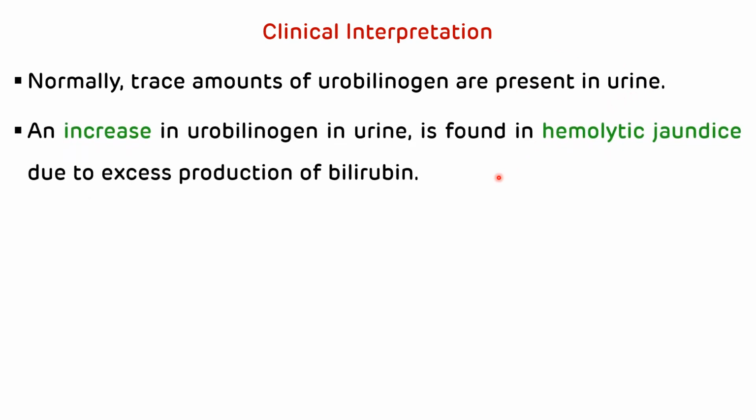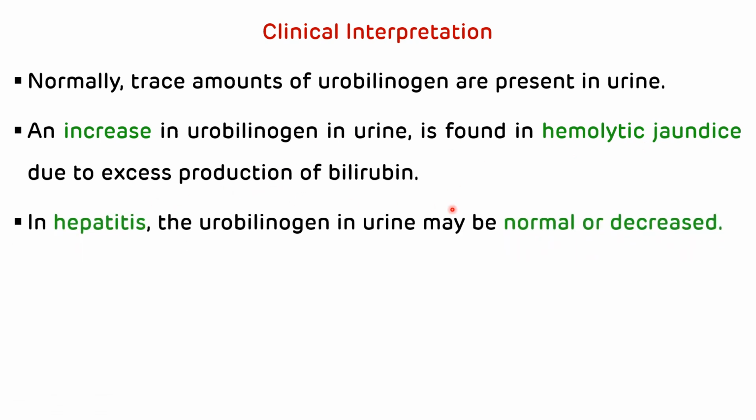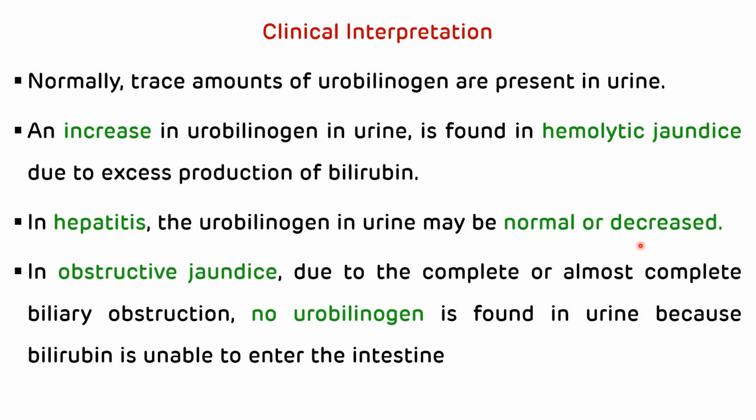It increases in hemolytic jaundice due to excess production of bilirubin. In hepatitis, urobilinogen in urine may be normal or decreased. While in obstructive jaundice, due to complete or almost complete biliary obstruction, no urobilinogen is found in urine because bilirubin is unable to enter the intestine.